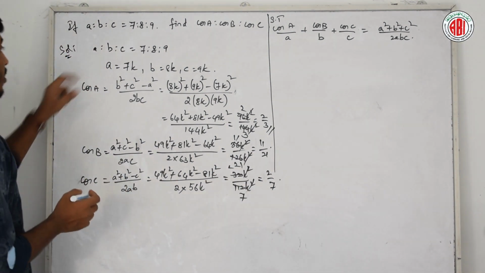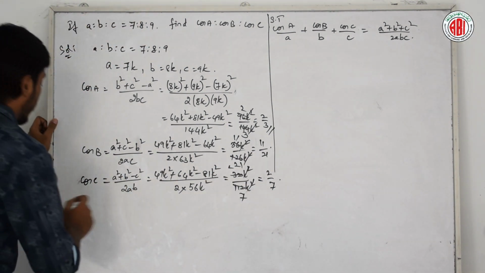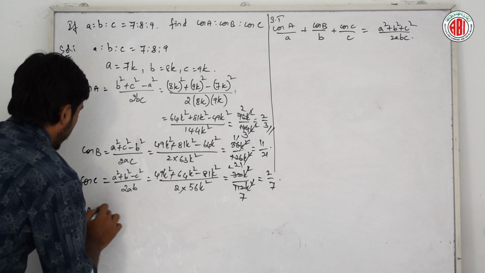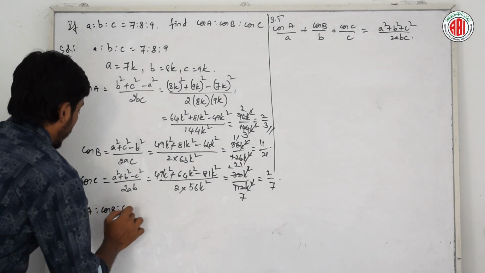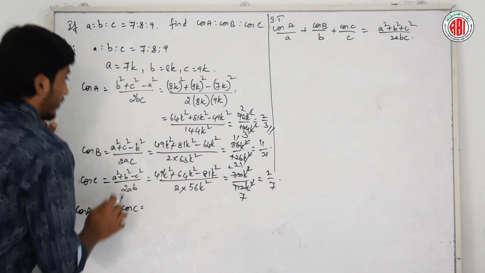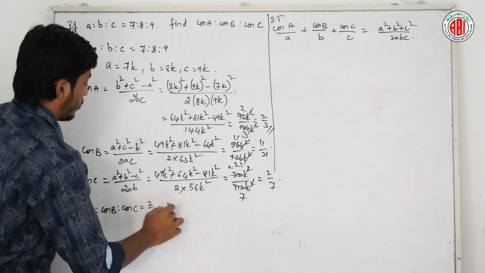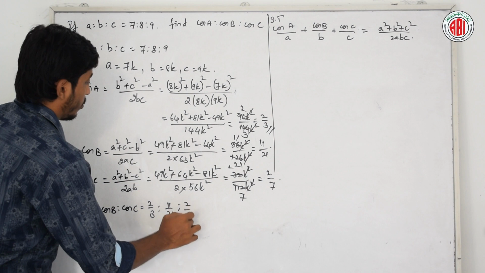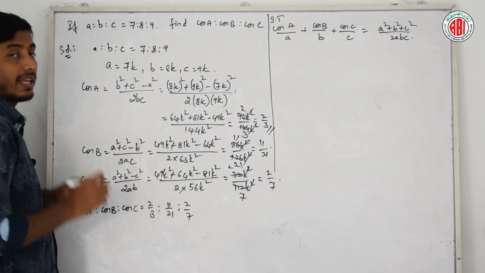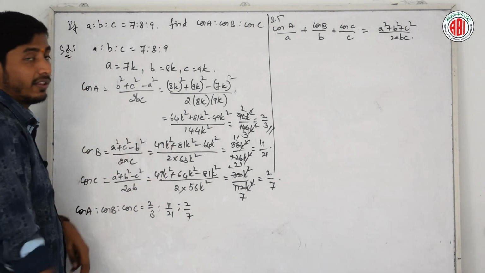Now find the ratio of cos A is to cos B is to cos C. That is equal to 2 by 3 is to 11 by 21 is to 2 by 7. Just apply 21 on 3 numbers.